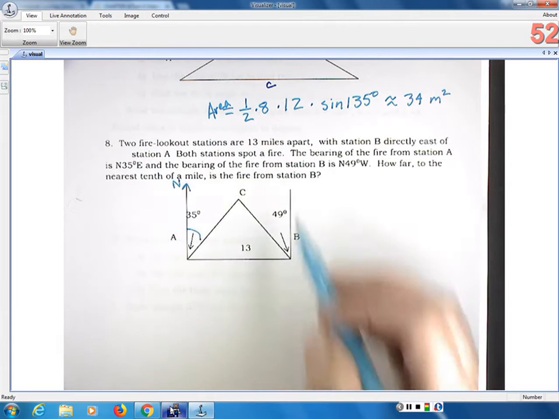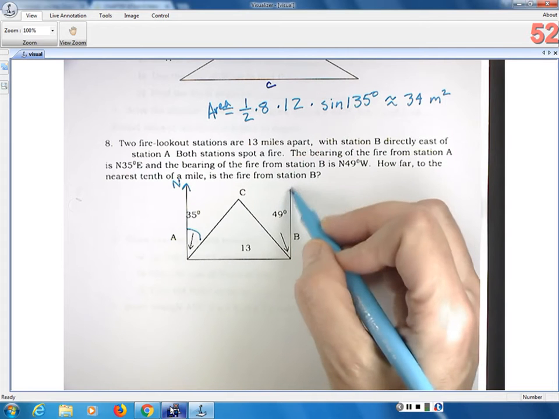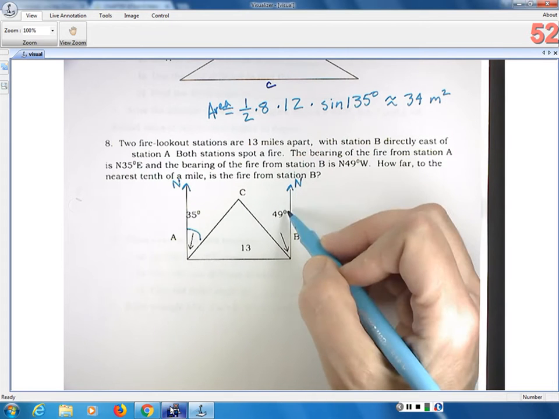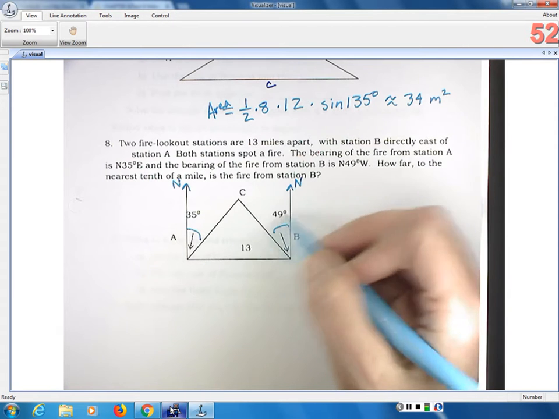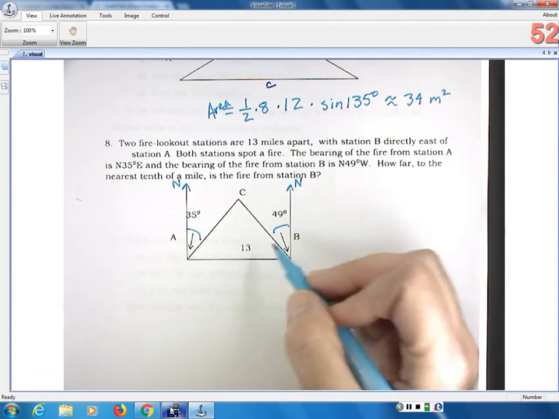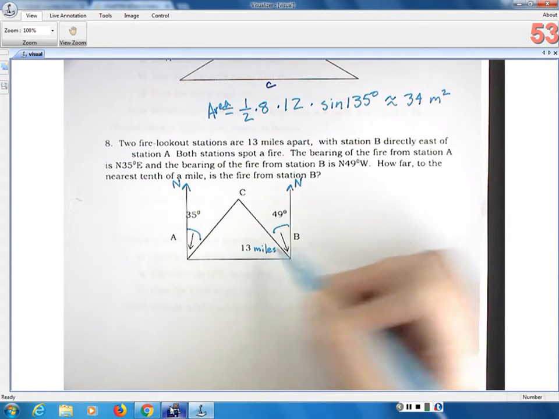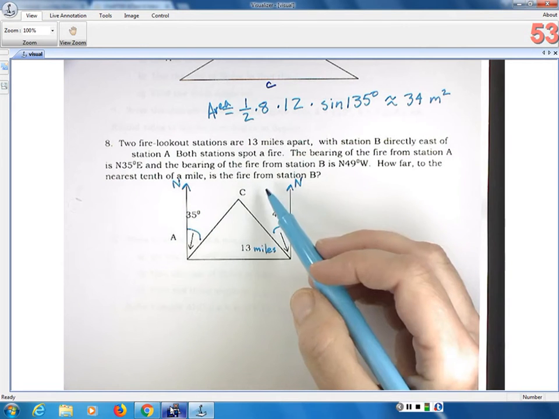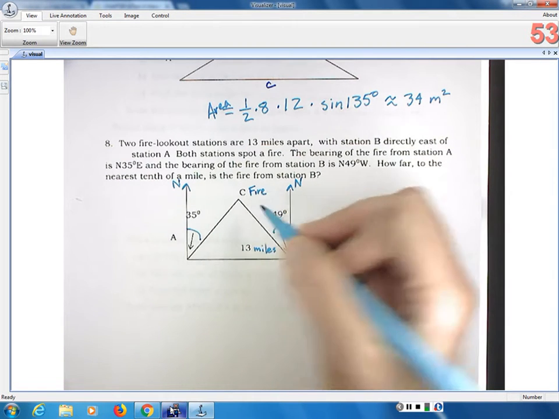And then the bearing of the fire from Station B is north again, and it's 49 degrees toward the west. So that's 49. This side is 13 miles. How far to the nearest tenth of a mile is the fire? Here's the fire from Station B.